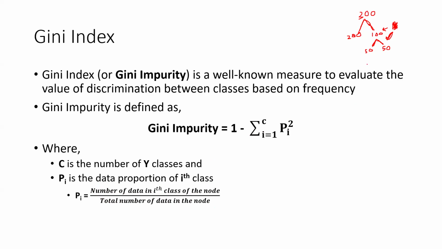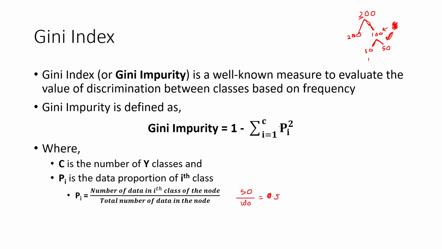For example, in this case, if there are 50 data points in this class, and the total number of data in the tree node is 100, right? So for the first class it would be 50 divided by the total number of data, which is 100. It would be 0.5, right? Sorry, this is 0.5.